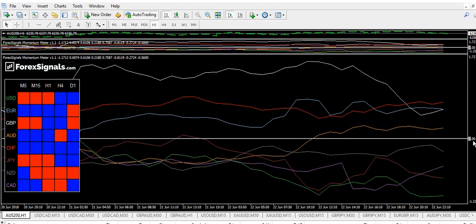The currencies that are above the momentum line, which is the zero line here, are the stronger ones. So it won't make sense for a trader to trade the pound versus the euro. Look at what they are doing, or even the pound versus the Swiss. They have the same momentum.